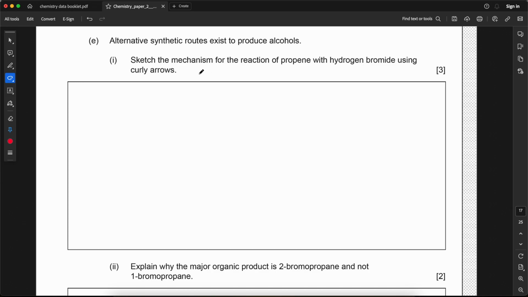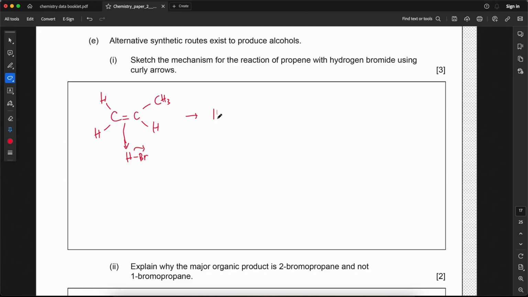Alternative synthetic routes exist to produce alcohols. Sketch the mechanisms for the reaction of propene with hydrogen bromide using curly arrow.